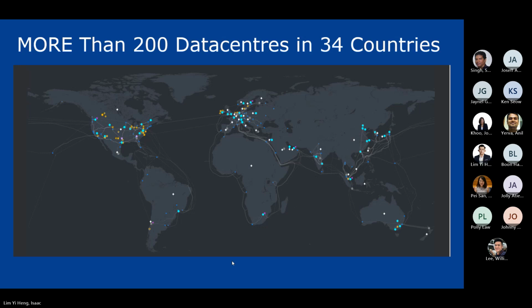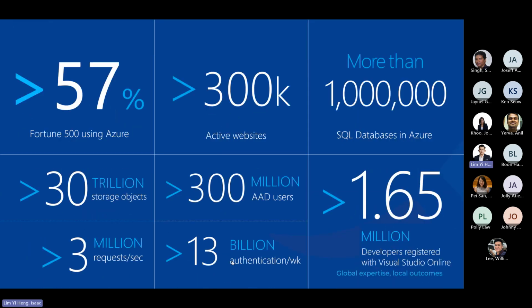Next slide, I'll talk about some statistics about the users and what would be the companies and databases that are using Azure services globally. So as you can see, these are the interesting statistics about Azure. There are more than 57% of the Fortune 500 companies using Azure. Also, more than 300,000 of the active websites are hosted on Azure Cloud.